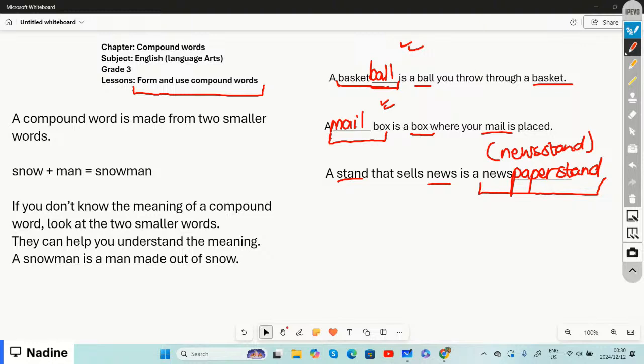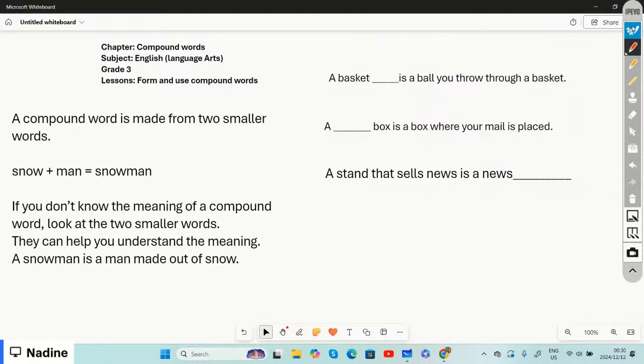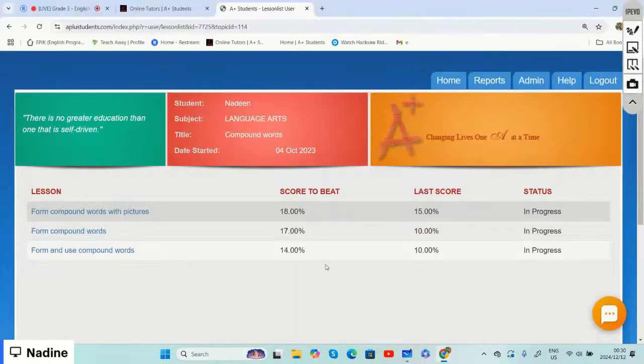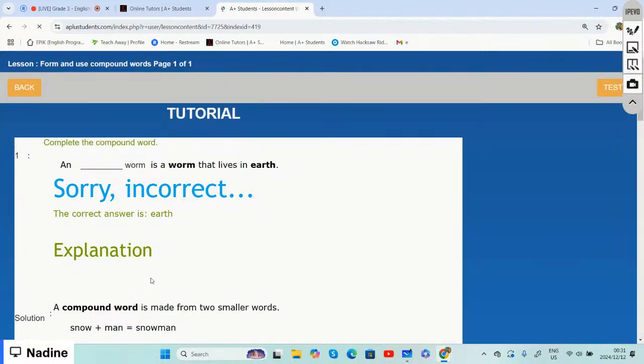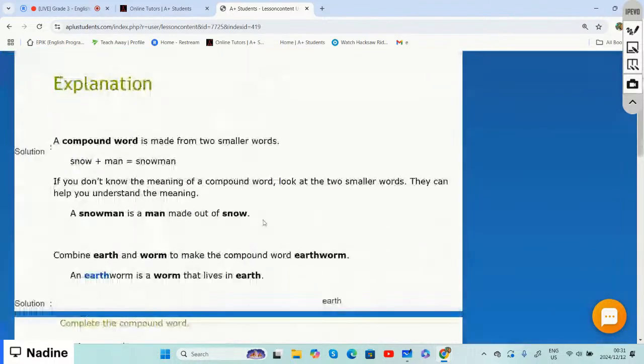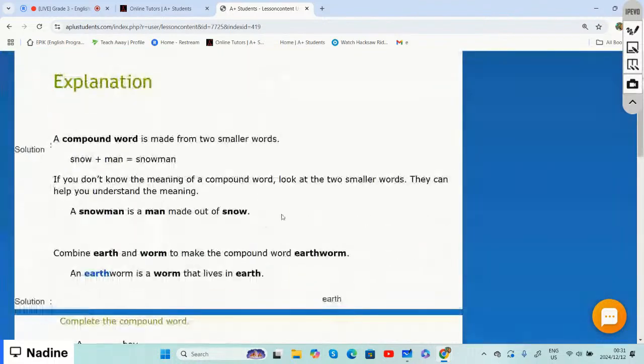All right. So now let's go to aplusstudents.ca, and we are basically going to form and use compound words. And we said a compound word is made up of two small words.